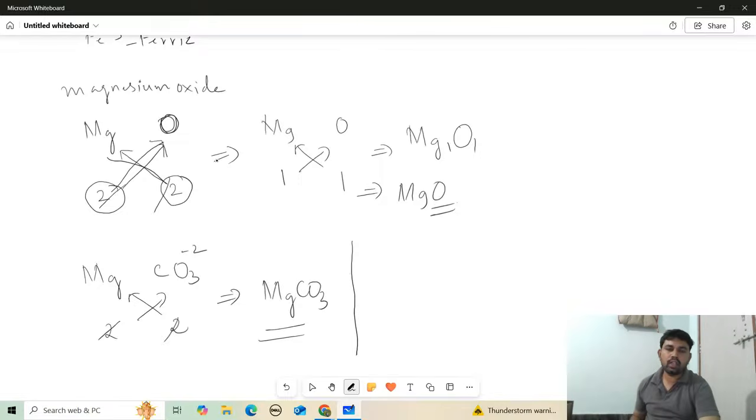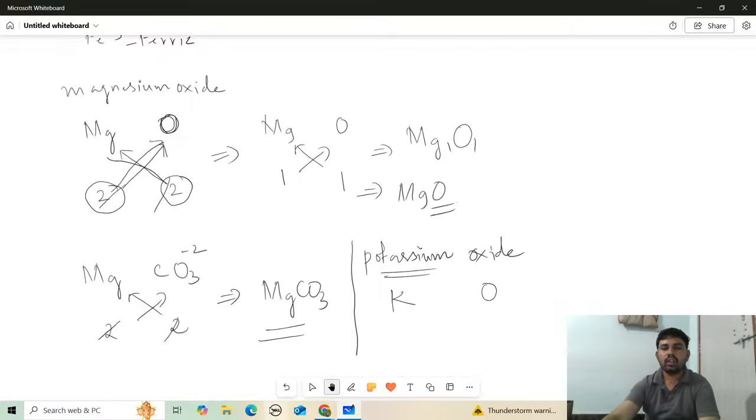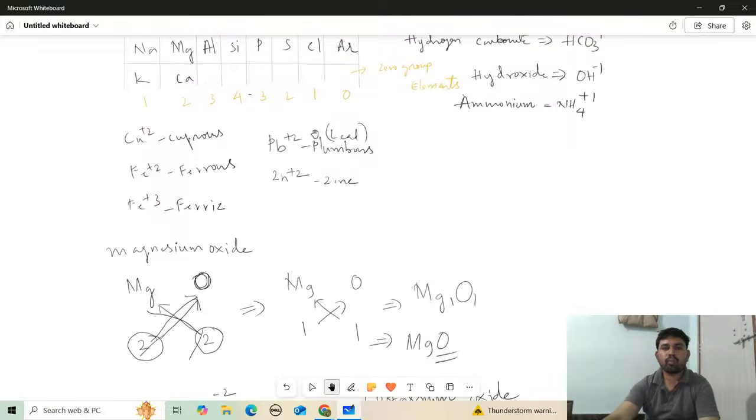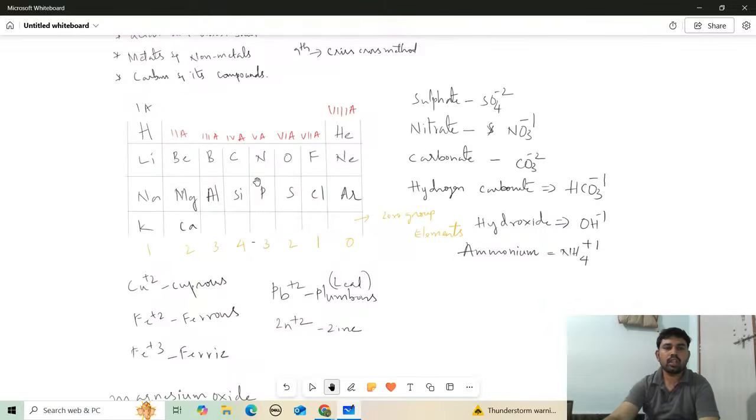Let me find potassium oxide. Again you write the potassium symbol, which is K, and this will be oxygen. So the valence of potassium can be found here. Potassium is here and oxygen will be here.